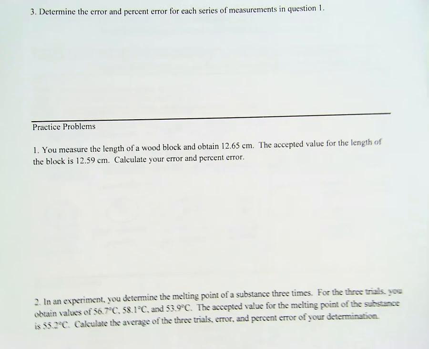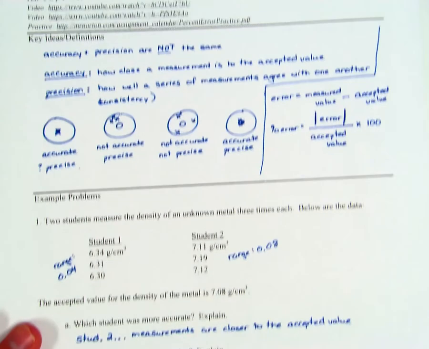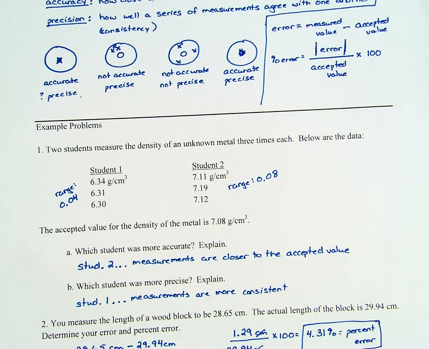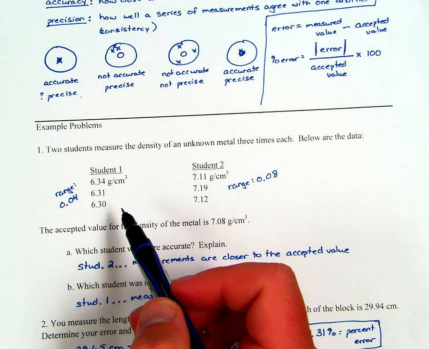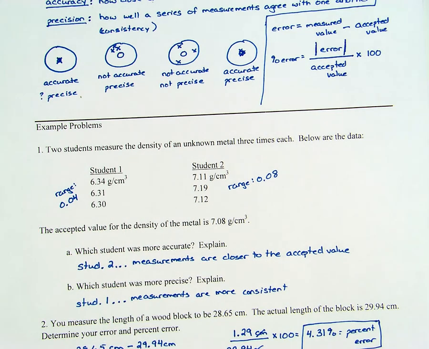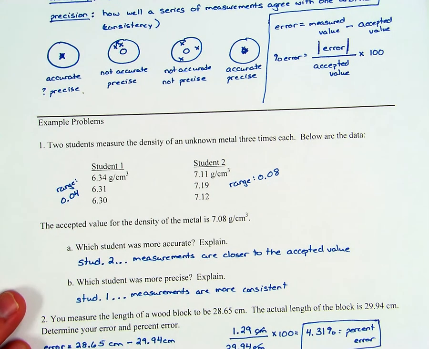So if we have a series of measurements, we don't need to do the calculation for every individual one unless we want to or we're asked to do that. What we can do is the calculations for the average of them. So back here on our question 3, I'm just going to jot down the values so we don't have to keep flipping back and forth.